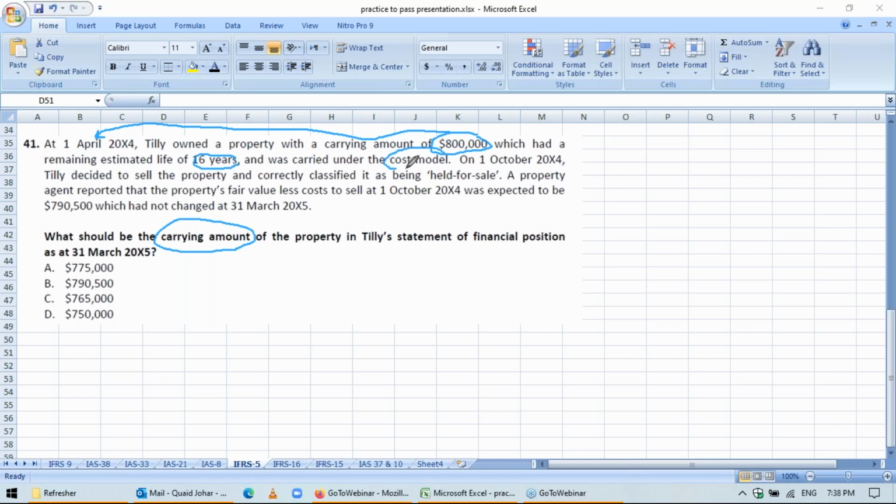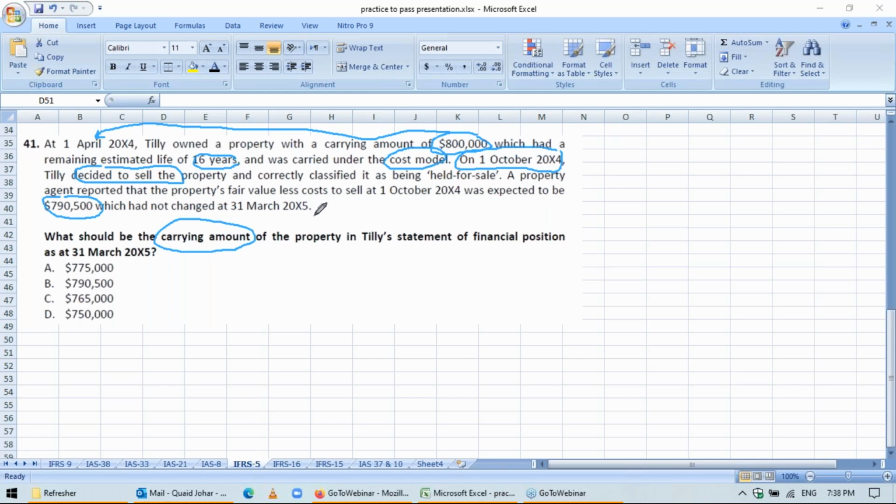It was carried under the cost model. On 1st October 2004, Tilly decided to sell the property, which means now it is held for sale. A property agent reported that the property's fair value on 1st October 2004 is 790,500, which had not changed at 31st March 2005.